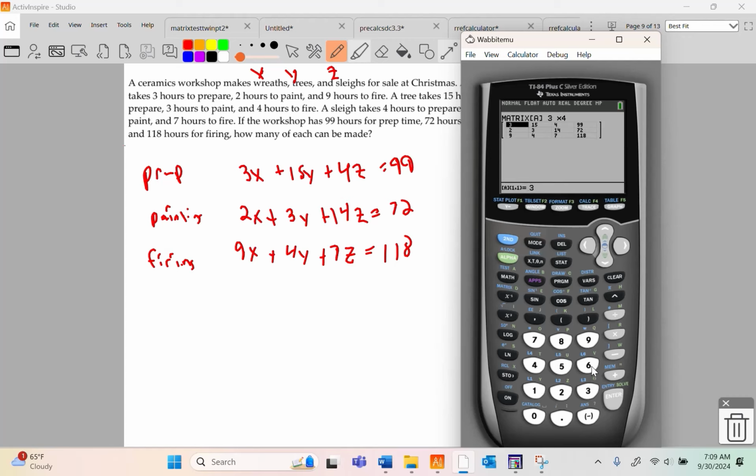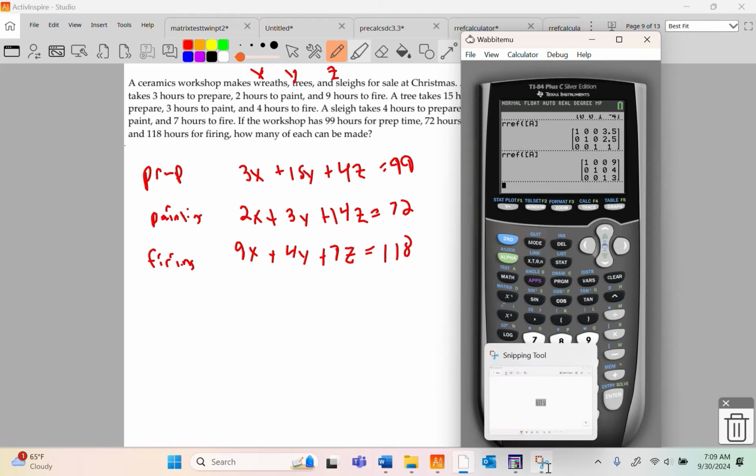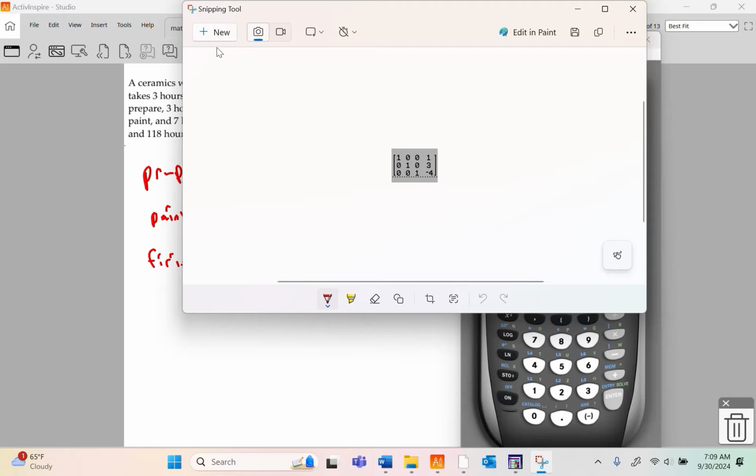Anywho, I've got everything in. I've been doing double REF for a while now, so I'm just going to highlight and press enter. And here's my answers. How many of each thing can I make?